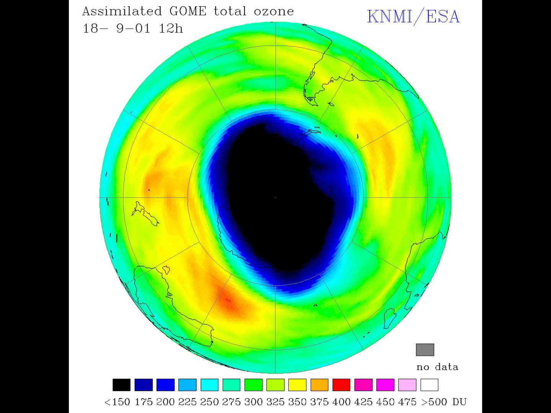In 1985, the British Antarctic Survey discovered that there was a hole in the ozone layer over the South Pole. Here's a view of the ozone hole and a view of the Earth, the black being the absence of ozone.